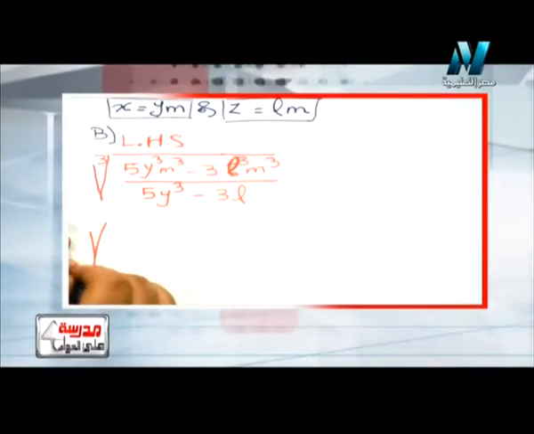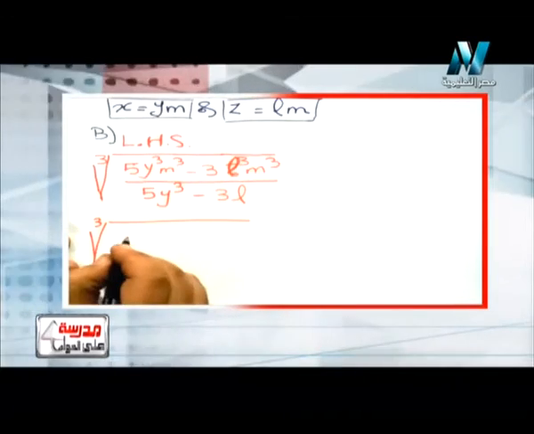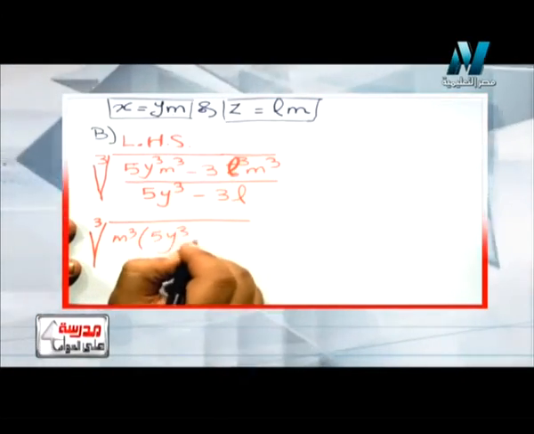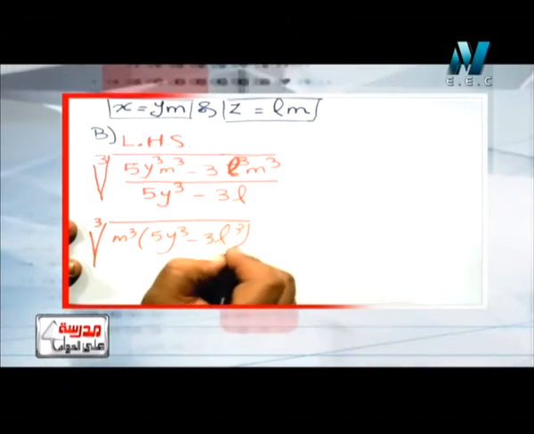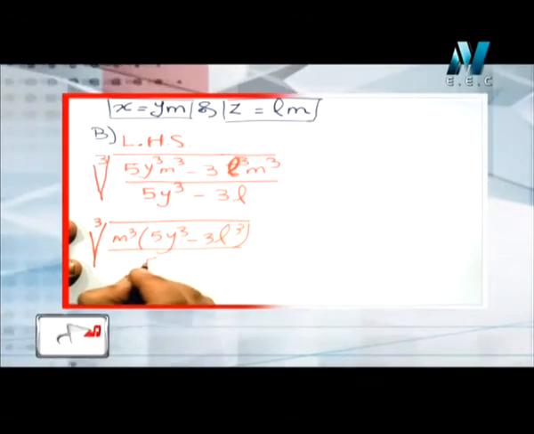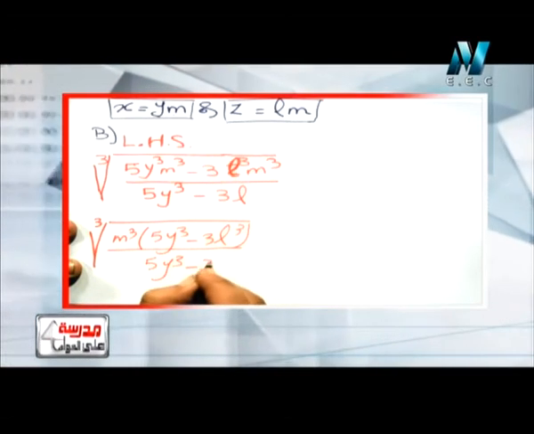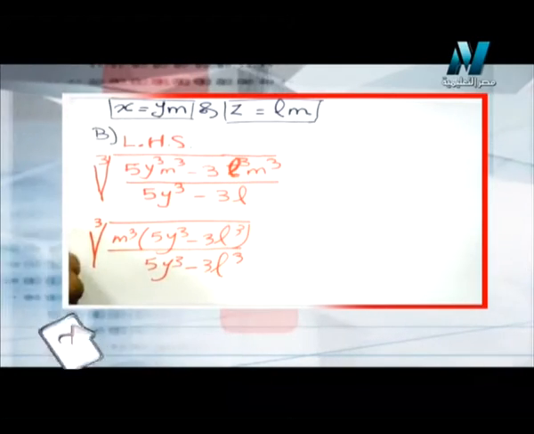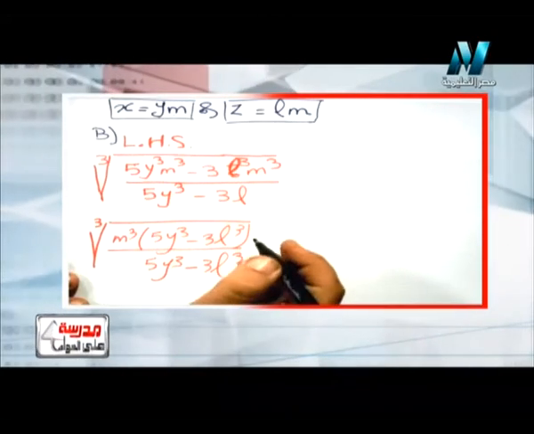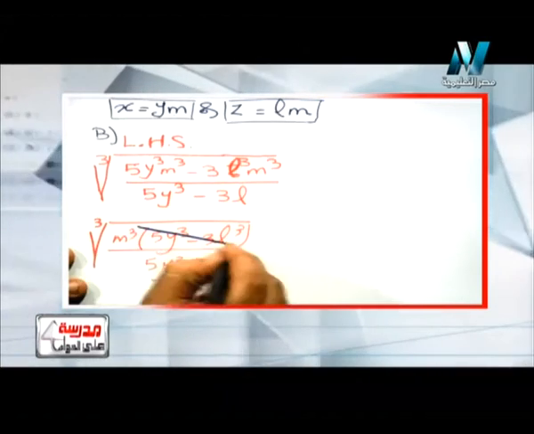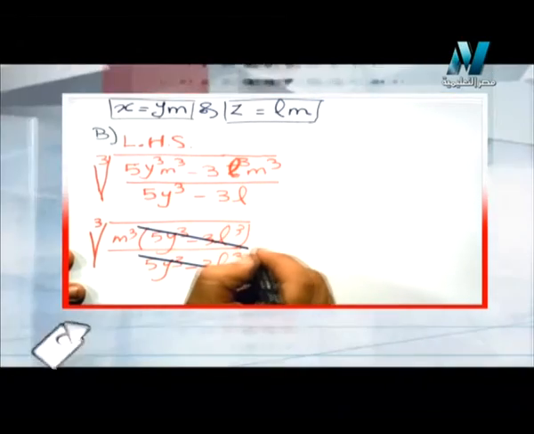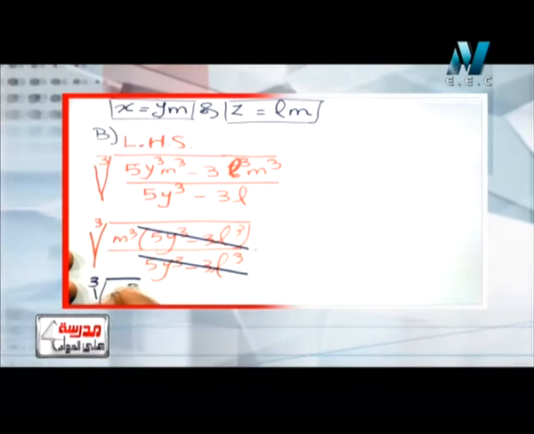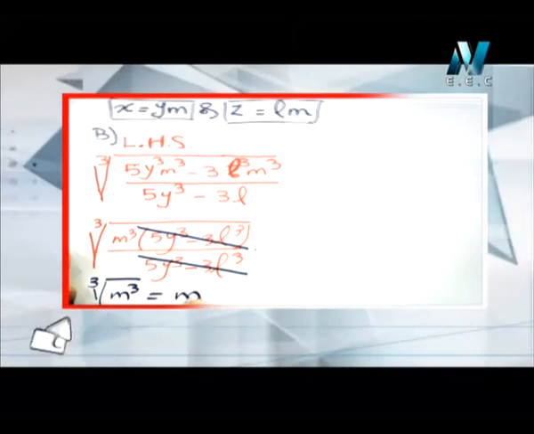So cubic root of m power 3 times (5y power 3 minus 3l power 3) over 5y power 3 minus 3l power 3. Now let's simplify these two factors. So the answer would be cubic root of m power 3, and the answer is m.